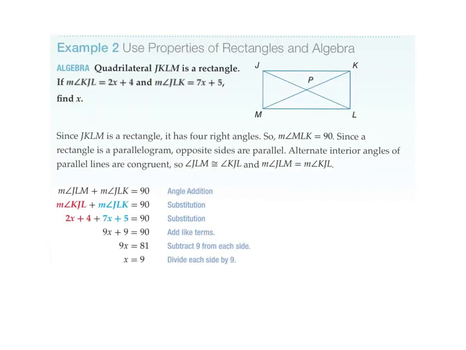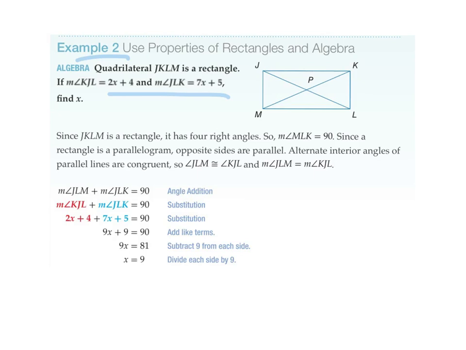And as per usual, straight away example 2, we bring in the algebra, and it's looking at two angles, and don't forget the properties, they must be 90 degrees. Okay, so each of these angles, if we're looking at the major one of J, K, L and M, they're 90 degrees. We've got bisectors, but we know that they're not going to be 45 degrees.